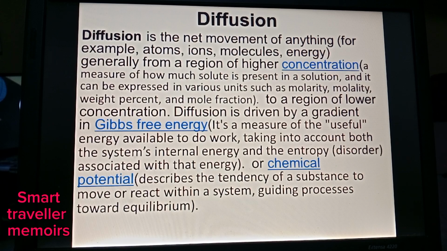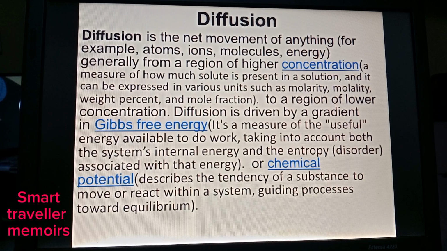Diffusion is driven by a gradient in Gibbs free energy. Gibbs free energy is a measure of the useful energy available to do work, taking into account both the system's internal energy and the entropy or disorder associated with that energy.